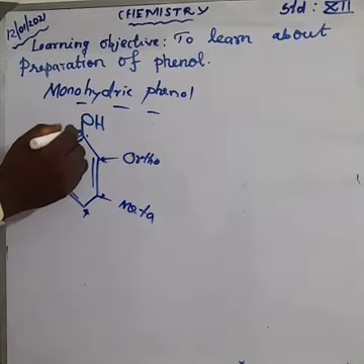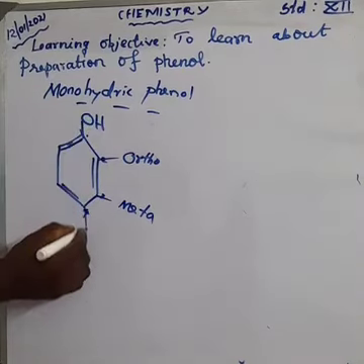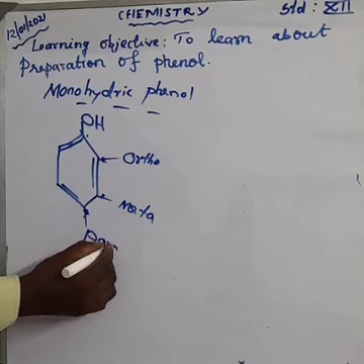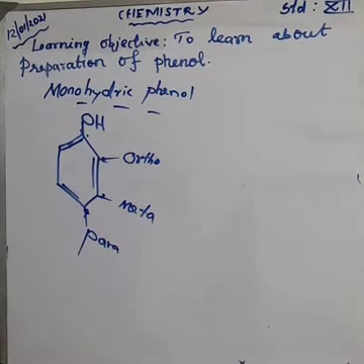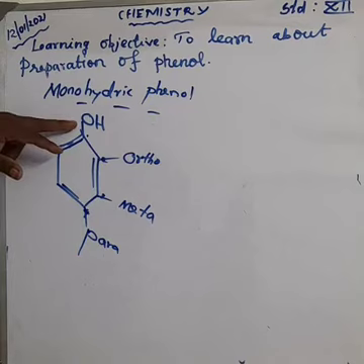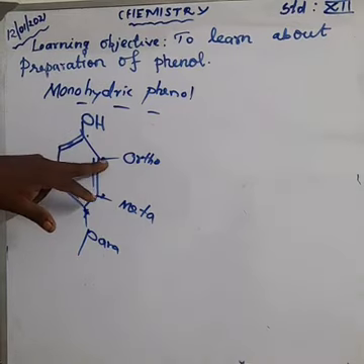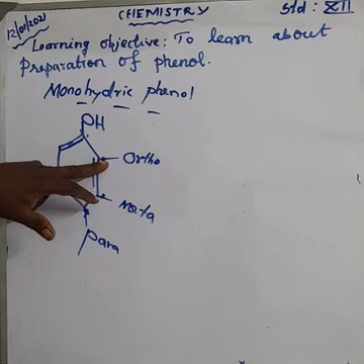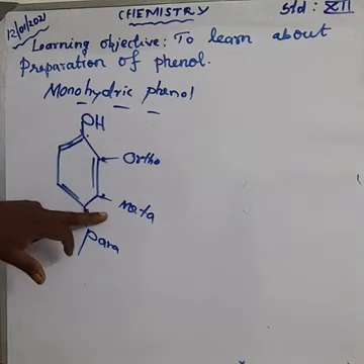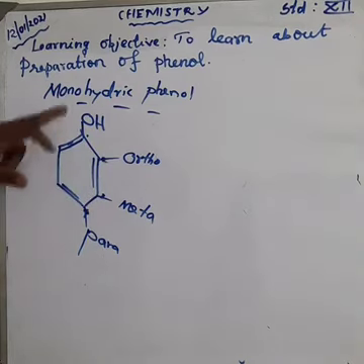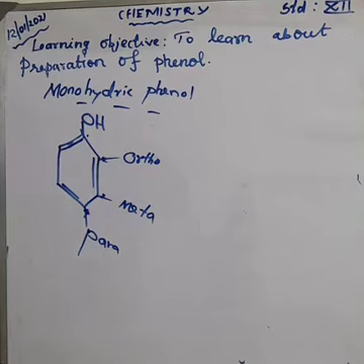Opposite to the functional group is the para. Don't forget that. Nearest to the functional group is ortho, next meta, and opposite to the functional group is the para position.